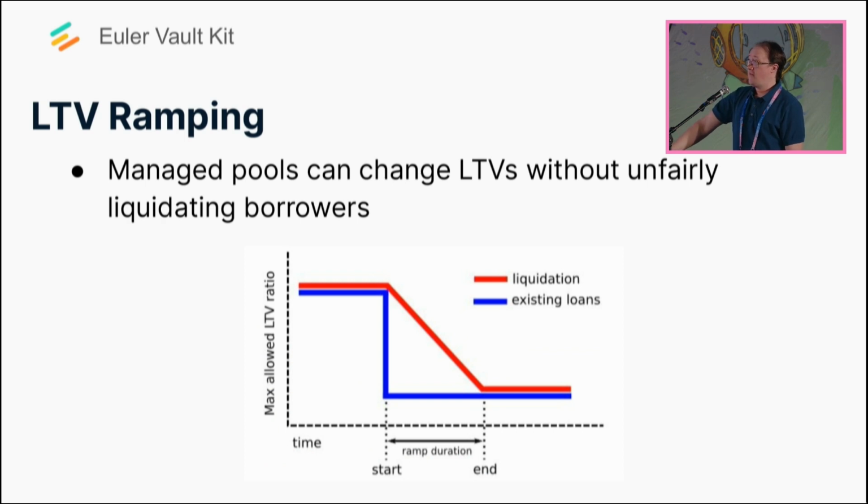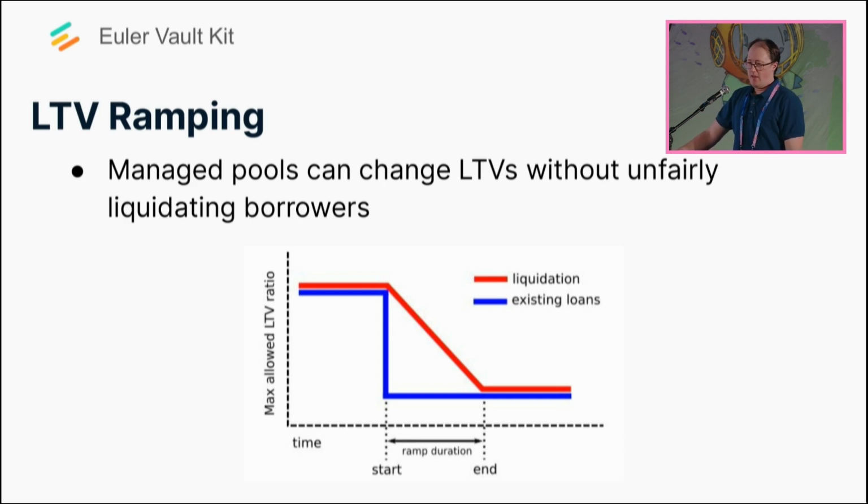Another feature that we've added to the EVK compatible vaults is this LTV ramping. LTV stands for loan to value ratio, and as we were talking about, there's this concept of leverage, and if the allowable leverage on a pool is too high, then even a tiny price movement would cause a position to be wiped out, right?